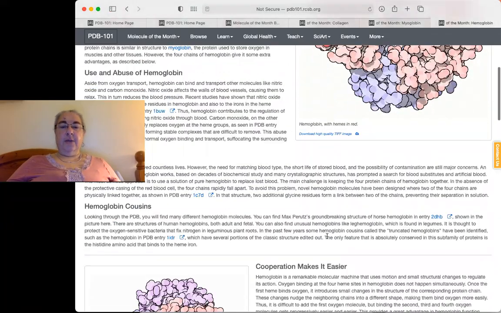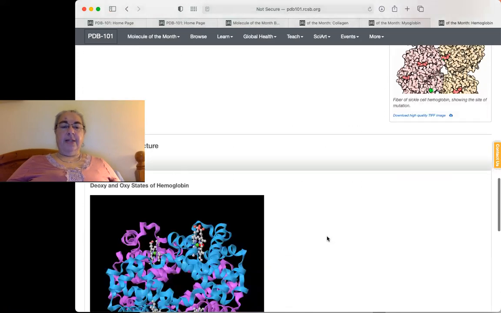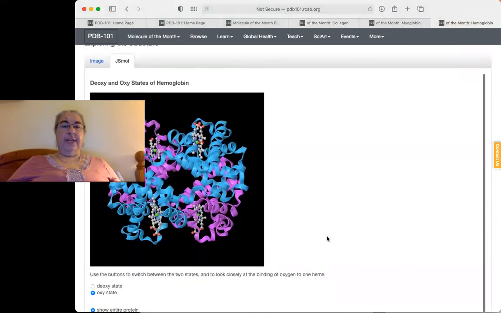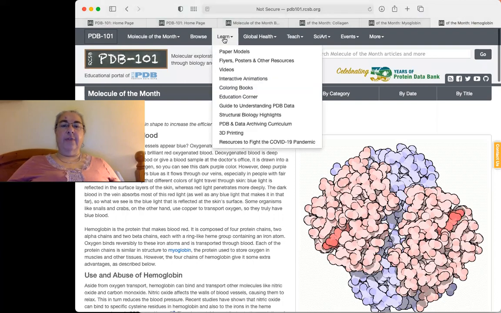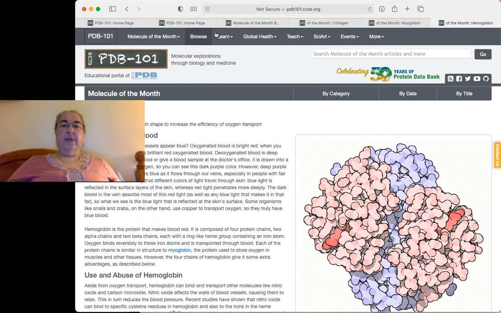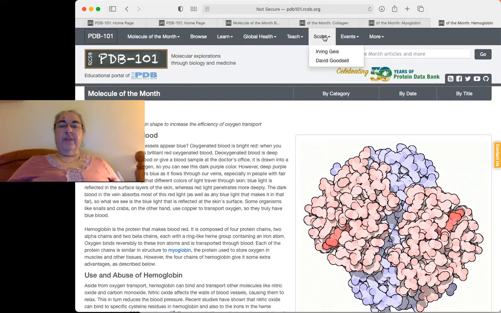So look at those, read about them, and explore the protein database. There's a lot of good things in here. Do have a look at the other things here under Learn. You can look under the health tab. Lots of interesting things here that you can explore.